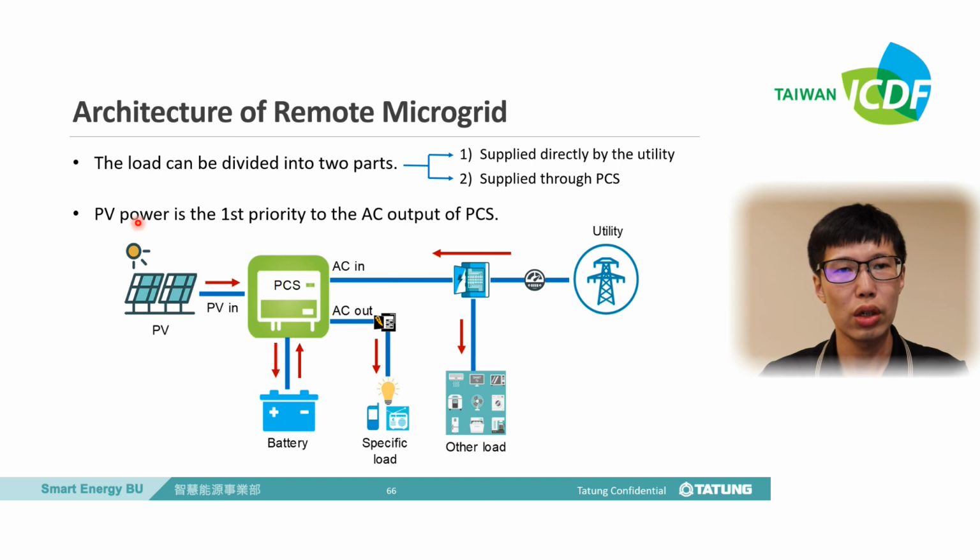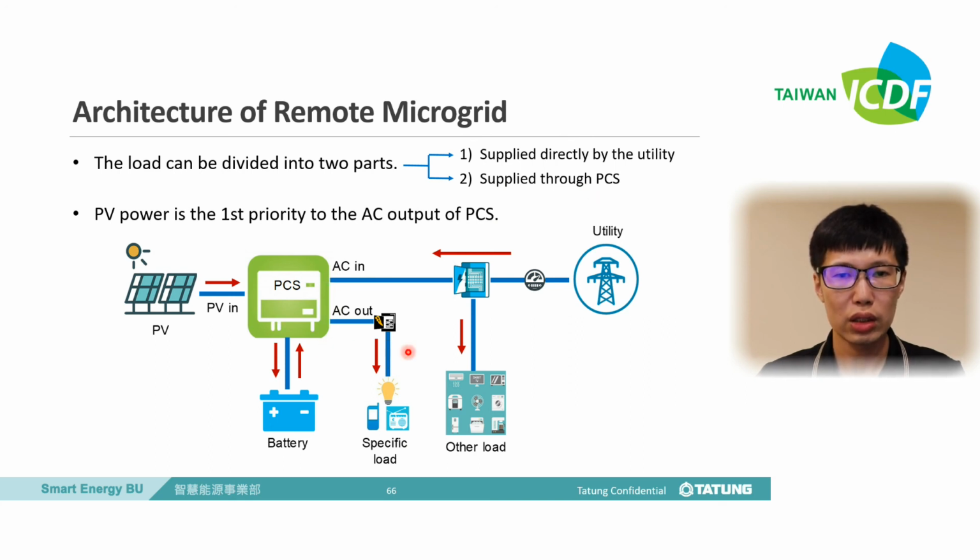So here is the common architecture of remote microgrids, and the load can be divided into two parts. First, it can be supplied directly by the utility, and the second is supplied by the PCS.